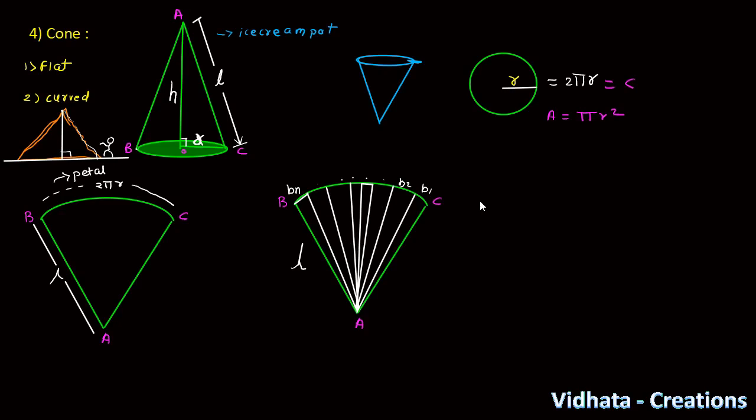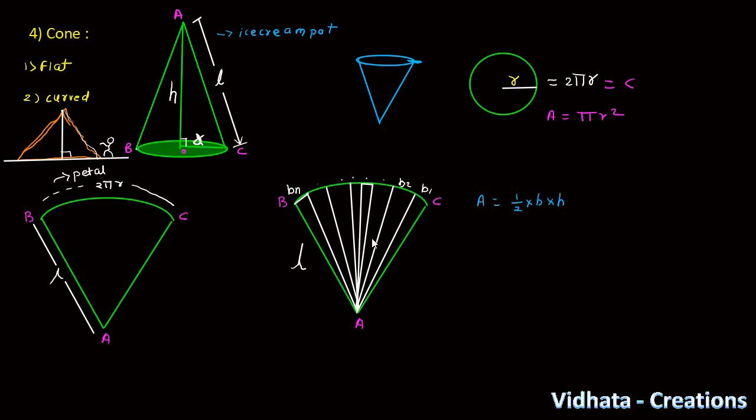What is the area of one such triangle? The area of a triangle is given by the formula 1 by 2 into base into height.